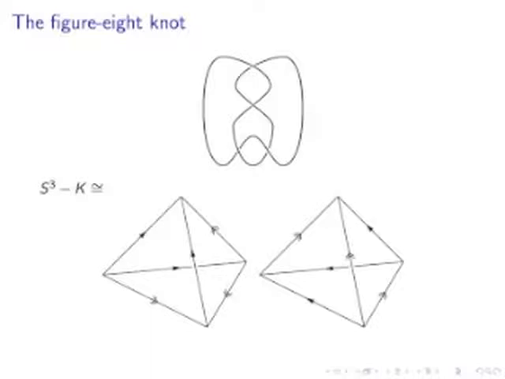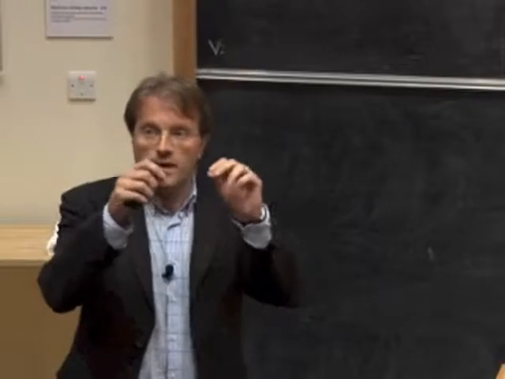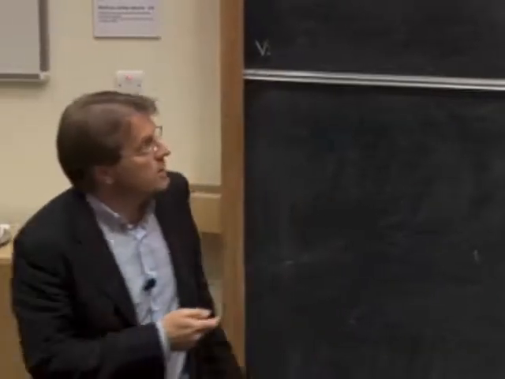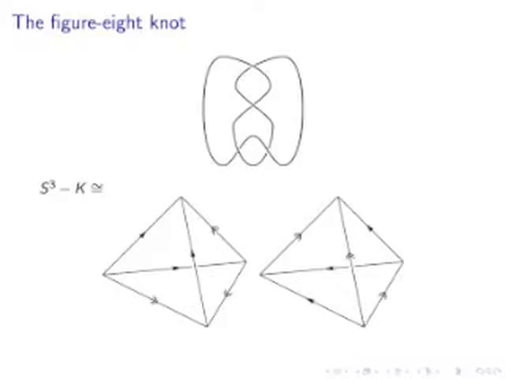This space is 2 tetrahedra with various identifications. The arrows specify which faces get glued to which other faces. For example, this front right face has 2 double arrows coming out of a vertex and a single arrow, and that then gets glued to that front right face there.